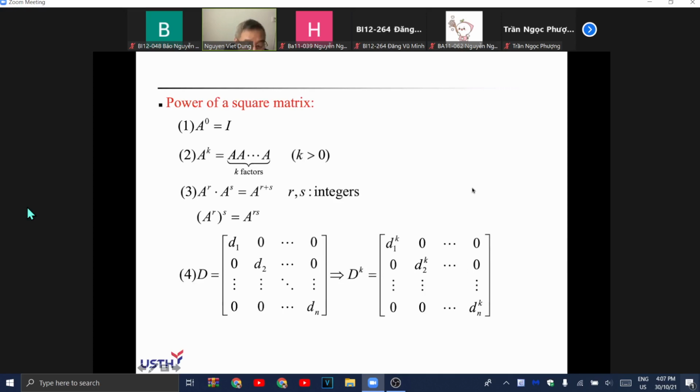In case D is a diagonal matrix, D to the power k will again be diagonal, and the entries lying on the diagonal will be taken to the power k. D1 becomes D1 to the power k, D2 becomes D2 to the power k, and so on.